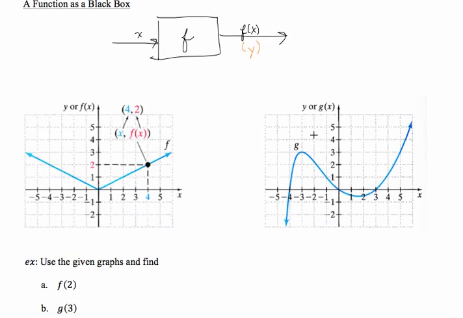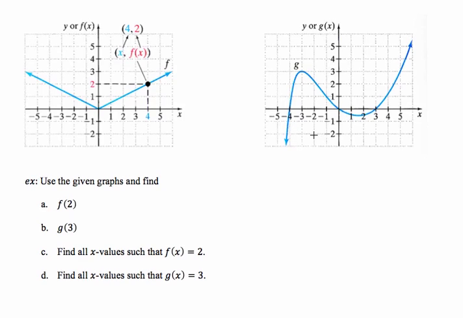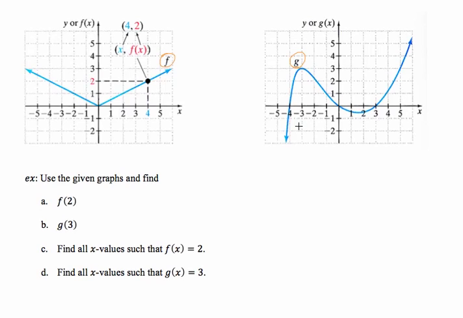Okay, let's do a couple more with graphs. A few more examples. Here's a graph of a function f right here, and over here on the right is the graph of a function titled g. So this one has a different function name. F, g, and h are very, very common function names, but it could be anything. So let's find f of 2.